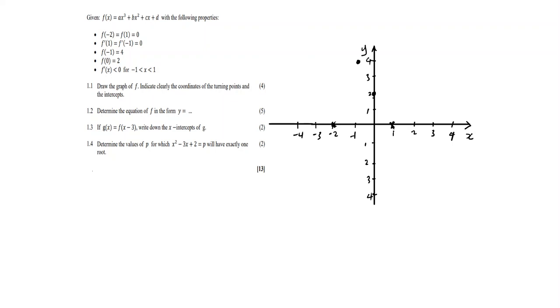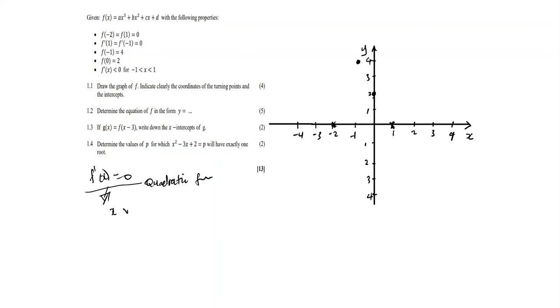They go on further to say, from the information that we are having here, remember, the minute you say f prime at x, the minute you derivate, you equate it to 0, you are getting a quadratic function. So if you derivate, you'll get values of x.